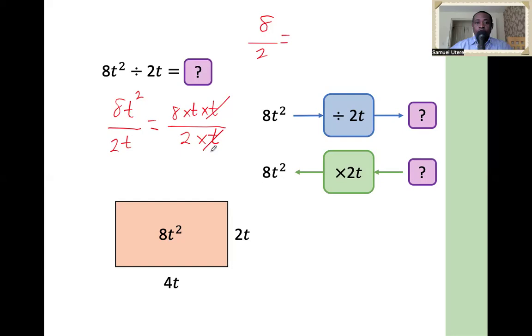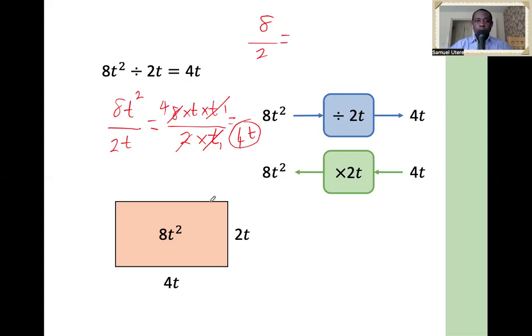So t divided by t is 1. 2 can divide 8 to give us 4. So you see, we're just left with 4t. I prefer this method if you ask me, because when we start to deal with very complex algebraic expressions, this is how to really think about it. You may not be able to use the other method all the time because you'll be dealing with really complicated algebraic expressions, and thinking about it this way is helpful.